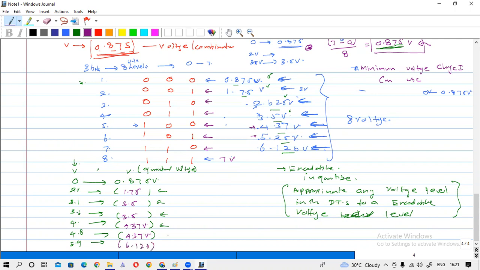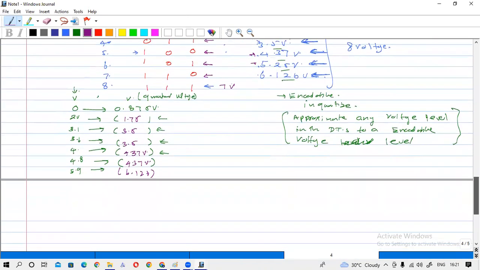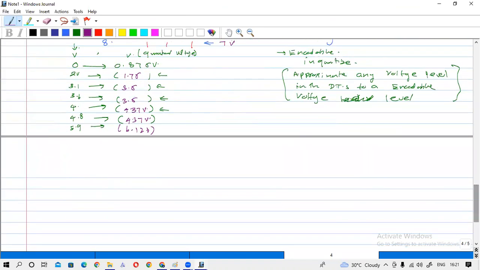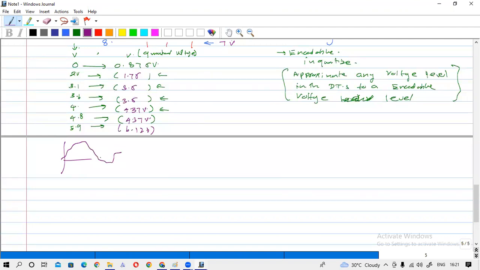Okay. So what you have done there? So you can see that. Okay. So we have an analog signal like this. And you sample it. You sample it and you can get some sample values like this.